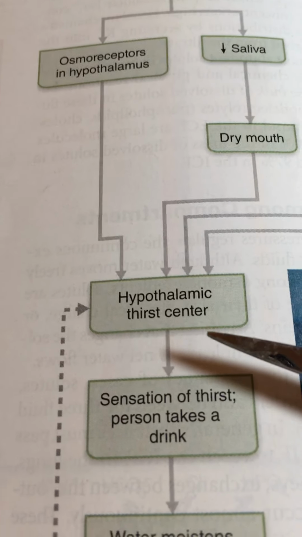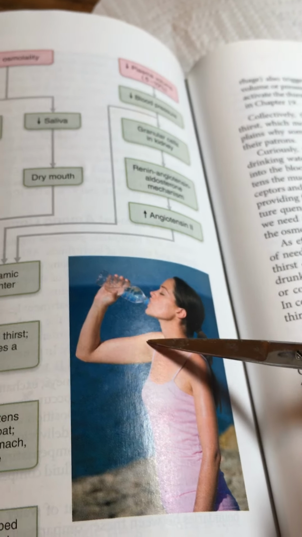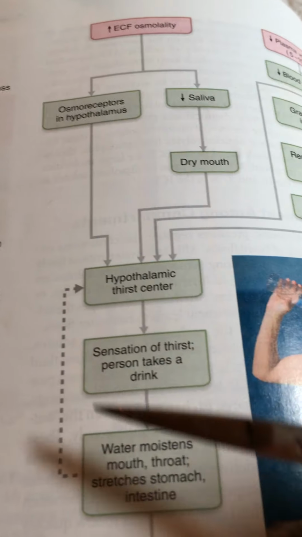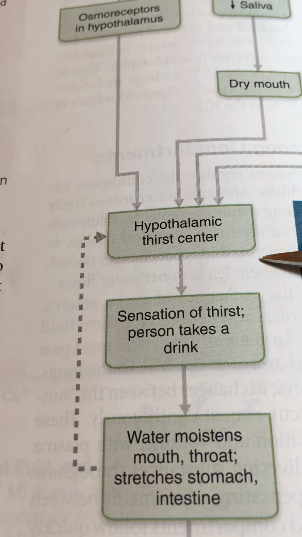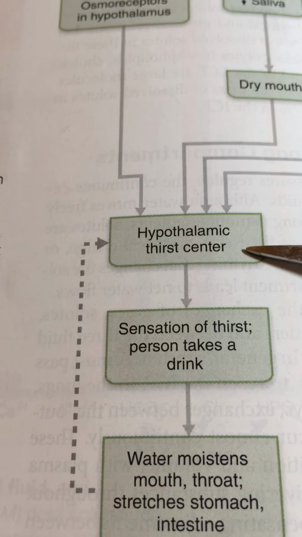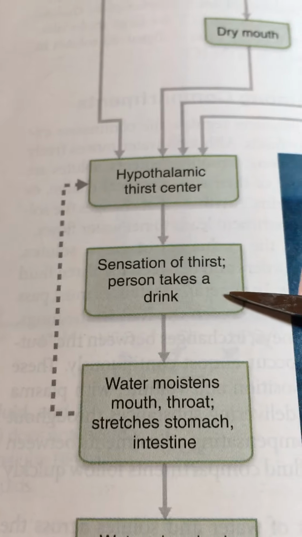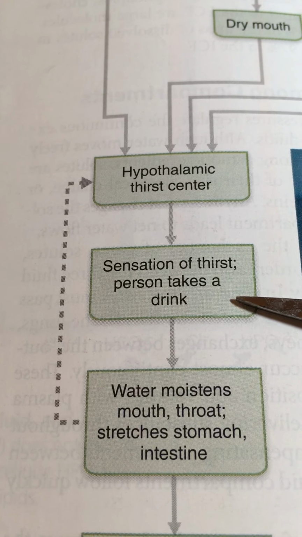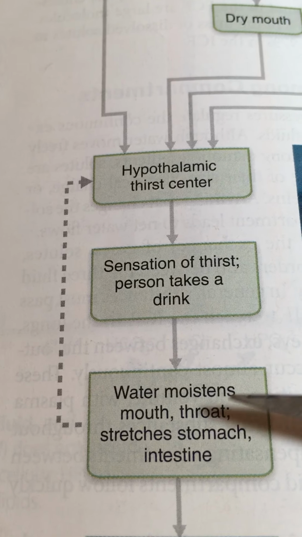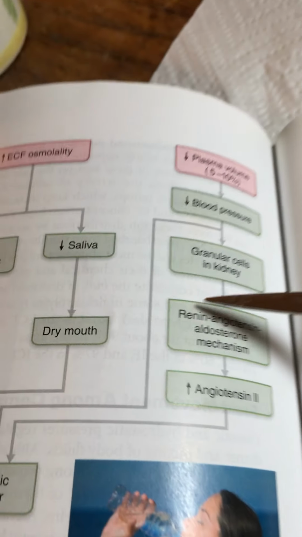Okay, then we have thirst. We have a thirst center. They depict a woman here having a drink of water, which would be stimulated by this experience because of the set points of the hypothalamic nuclei. And then we have the sensation of thirst, and we seek water. And we have a feedback system with regard to that.